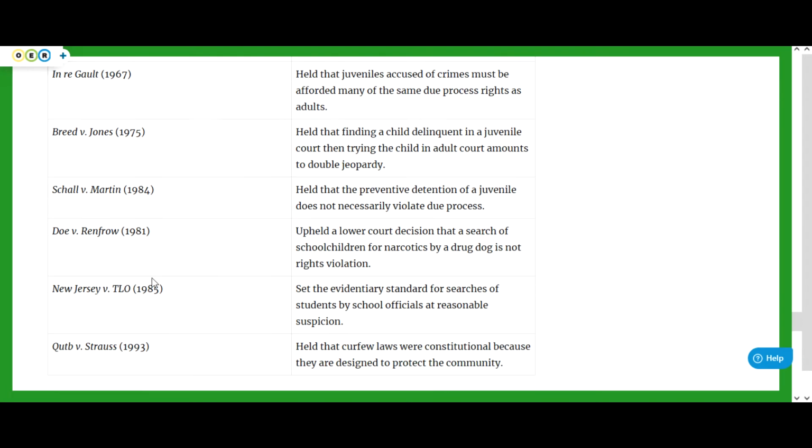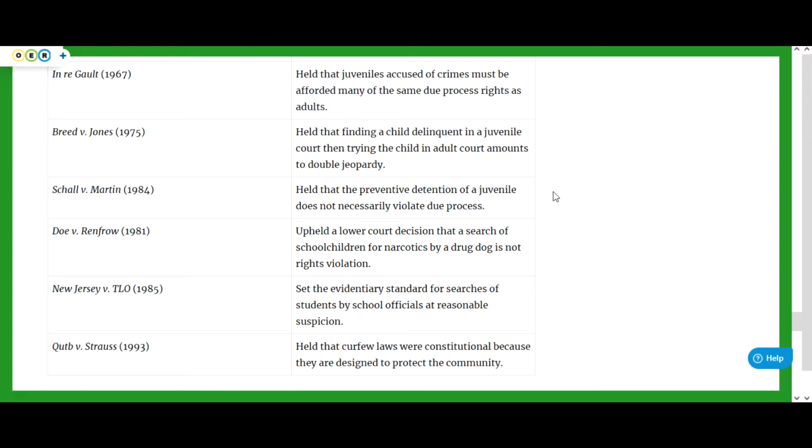So some of the other big ones, Schall versus Martin, 1984, this was that preventative detention for a juvenile doesn't necessarily violate due process. If you remember, individuals can potentially be released to home. This is the whole idea that if a child is potentially a flight risk or things like that, they can hold them in juvenile detention until their actual case.